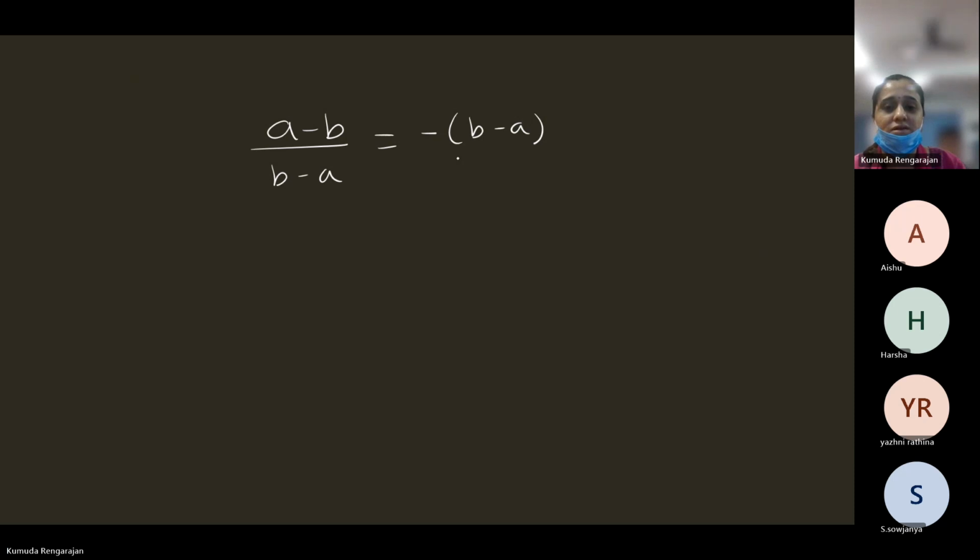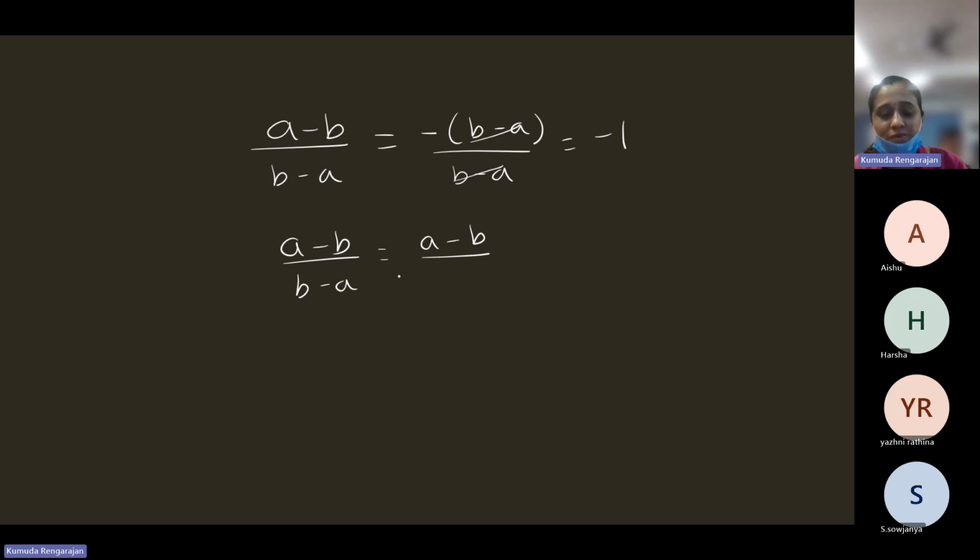Which means when we have an expression that looks like a minus b in the numerator and b minus a in the denominator, a minus b can be written as b minus a by taking a minus outside the bracket. So a minus b by b minus a: write a minus b as it is, and b minus a can be written as a minus b with a minus outside.